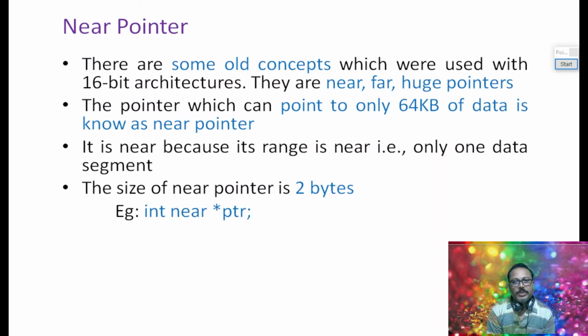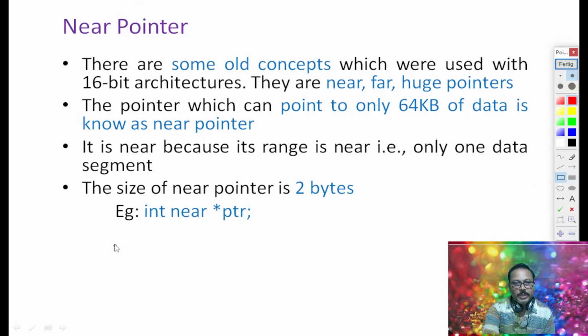The pointer which can point to only 64 KB of data is known as a near pointer. In 16-bit architecture, the data is divided into what are called segments.